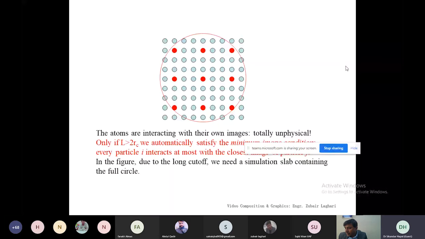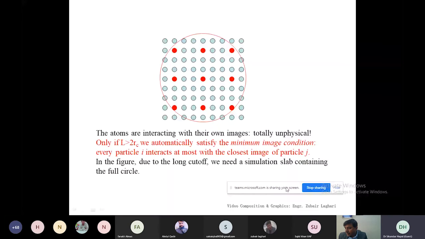While in computation, we have to do this only if L is greater than 2Rc, and we automatically satisfy the conditions, the minimum image conditions. Every particle i interacts at most with the closest image of the particle j, and these are actually the things we can see. Let's suppose we have a supercell.